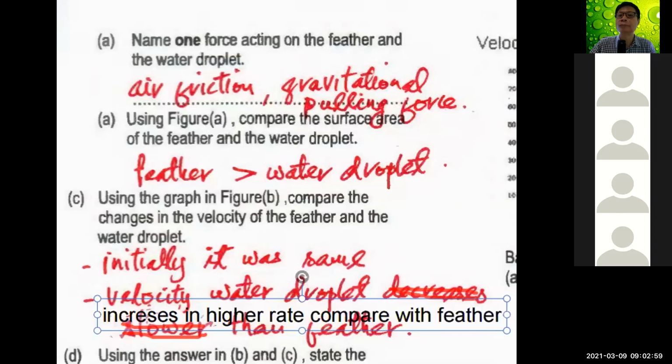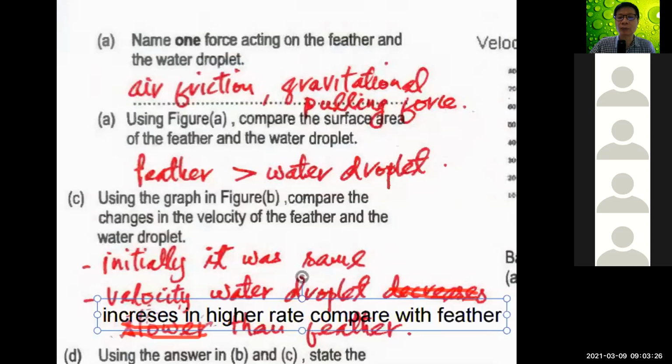Correct or not? Four comments here. Joel says different things. Lim says what? Velocity of water droplet increases faster. Yes, this one can be accepted. Lim, you are right. Jiang, doesn't the feather velocity increase at a higher rate? Jiang, think carefully. Is it that the feather velocity increases at a higher rate?